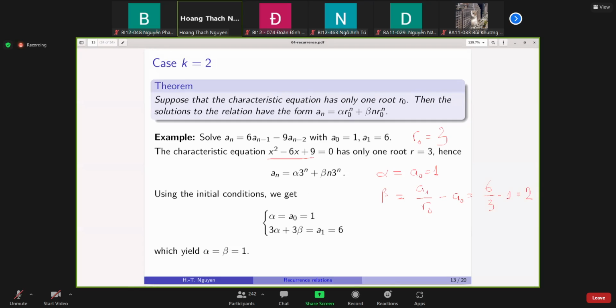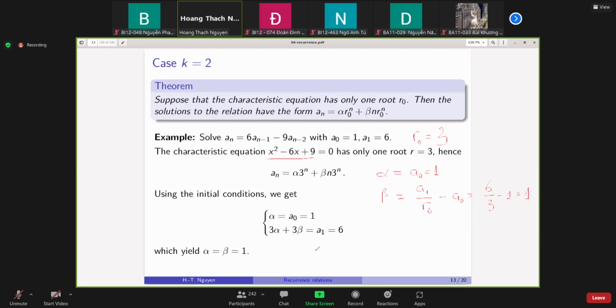Correct? No, it's not 2, sorry. Six divided by 3 is 2.